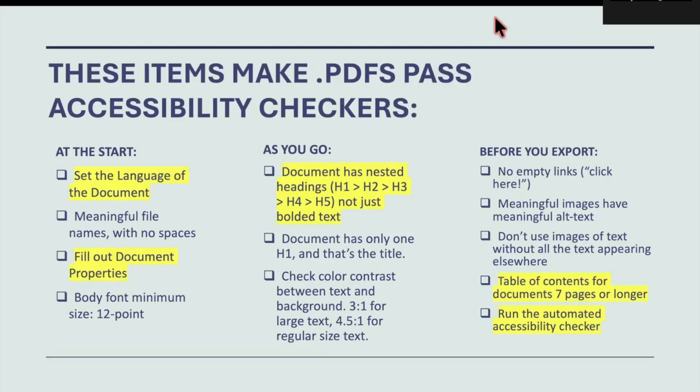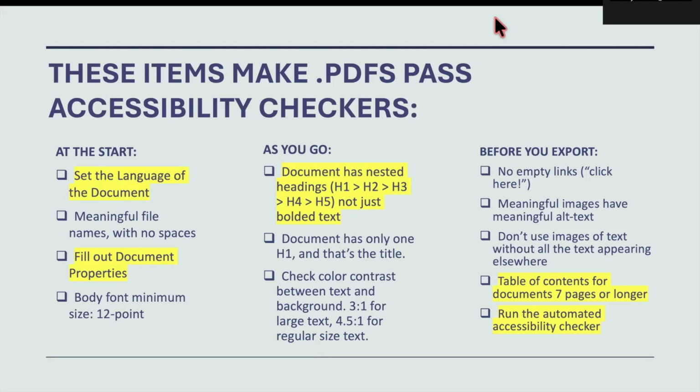So there are two types of items in our accessibility checklist. The items that are highlighted are what's going to make an accessibility checker give you a passing score. At the start of your process, you want to set the language of the document and fill out the document properties.